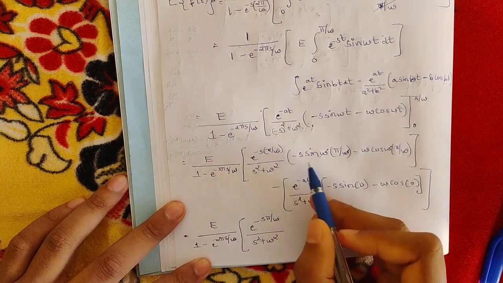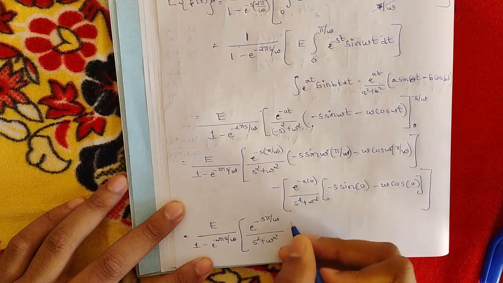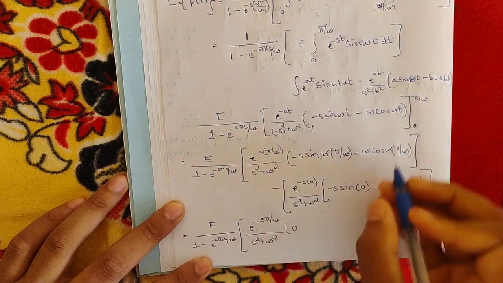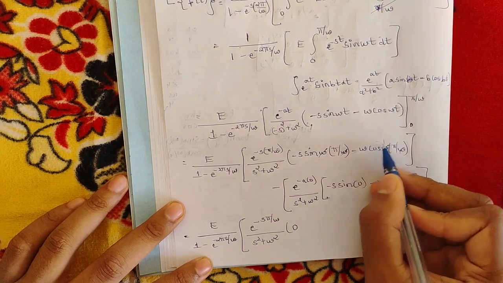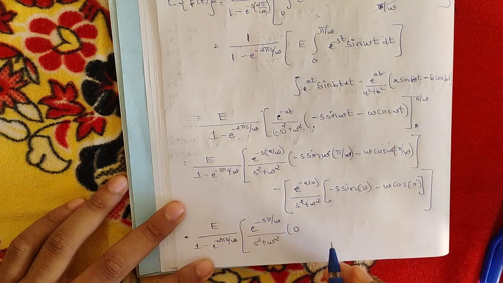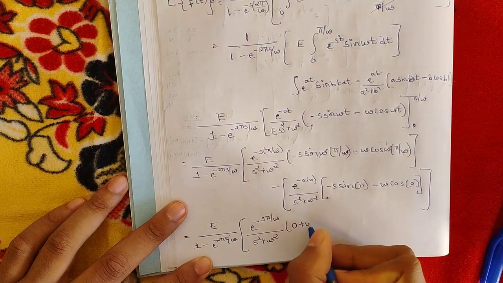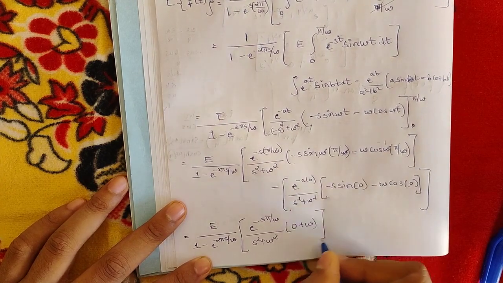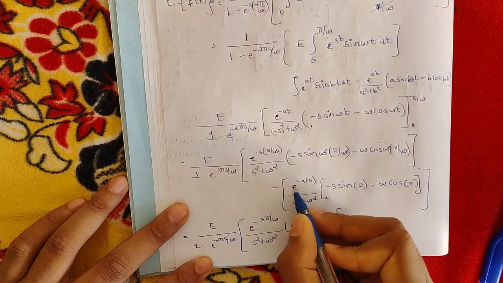into minus s sin pi. So sin pi is equal to 0, so this whole term would be equal to 0, and minus omega cos pi. Cos pi is equal to minus 1, so minus omega into minus 1, that is plus omega. Okay, minus the lower limit again, so e to the power 0, right?